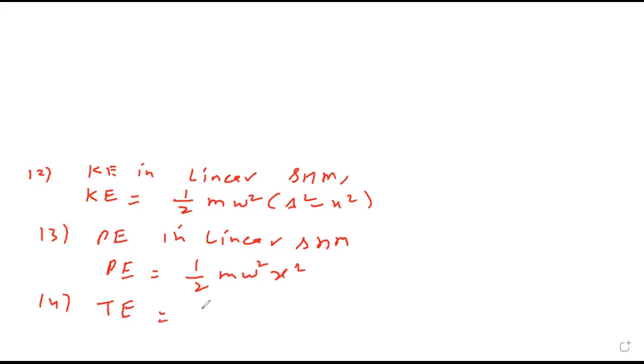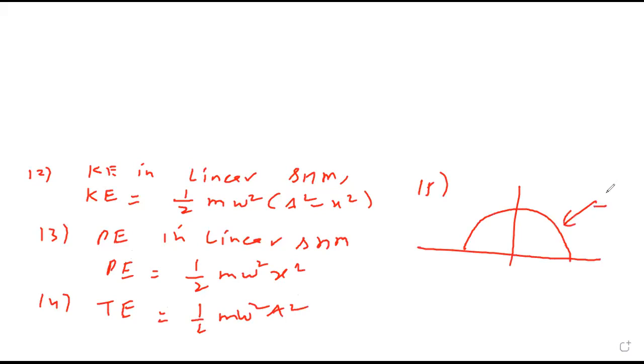And total energy is half m omega square a square, which is constant. And the graph is an inverted parabola for kinetic energy, a standard parabola for potential energy, and a straight line parallel to the displacement axis for total energy.